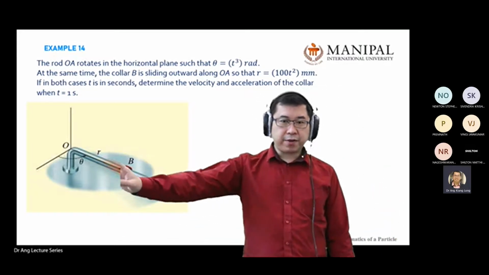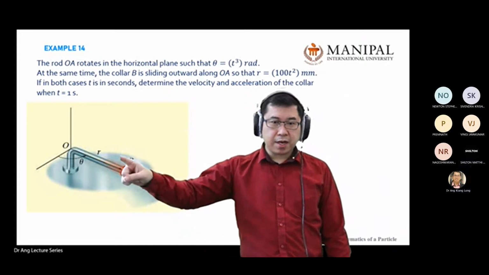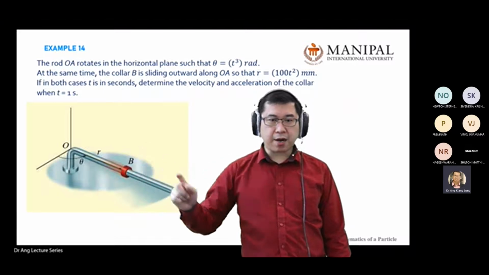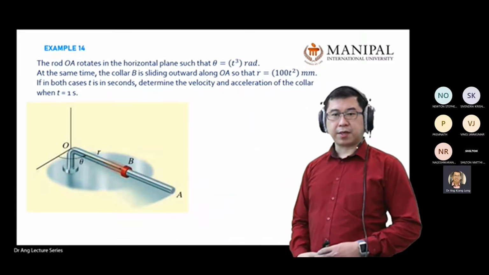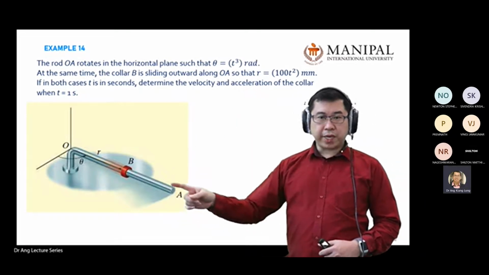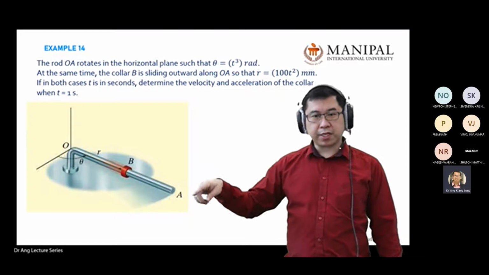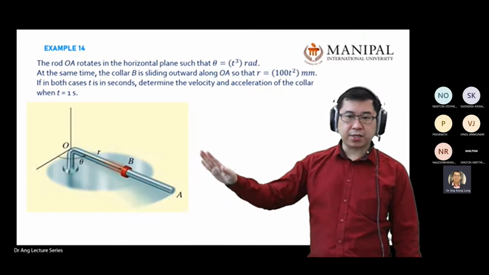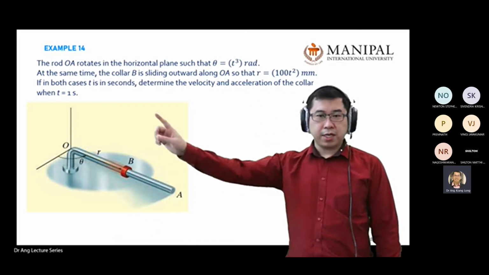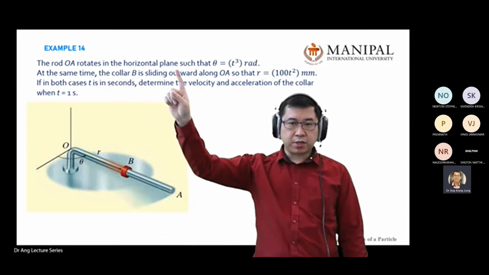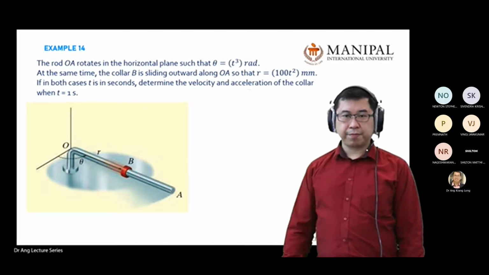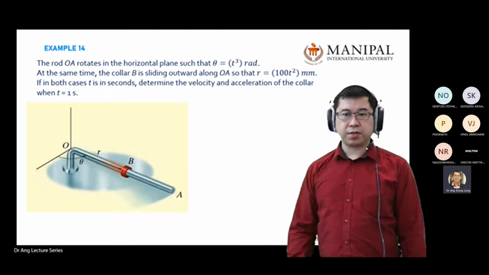So we are given that at that particular time, the location of B is given by R vector. Read the question again, there are some equations given. Rod OA rotates in the horizontal plane, meaning there is no change of your z-axis elevation. You study it as a two-dimensional question. So it rotates in the horizontal plane such that theta equals t cubed radian.